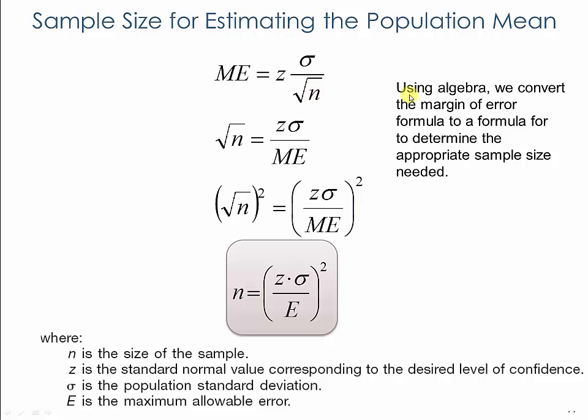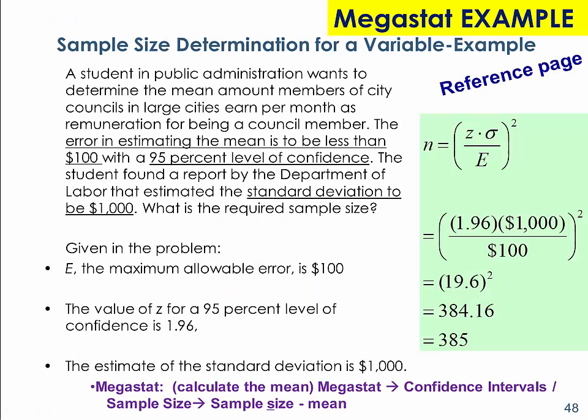Well, algebraically, we can rearrange this formula so that we're solving for n, and we get this calculation right here. Z times the standard deviation divided by the error, or the margin of error as it's likely called, and we square that.